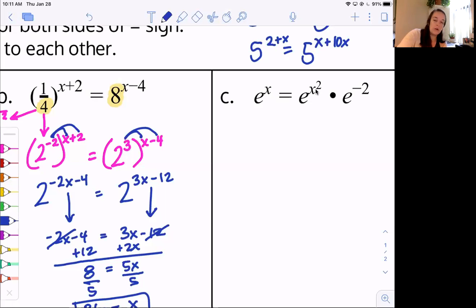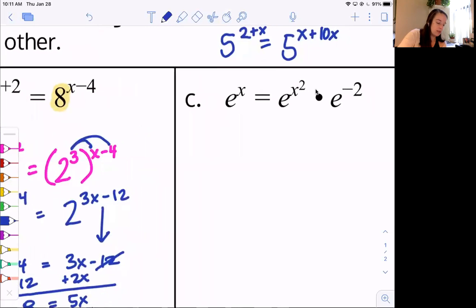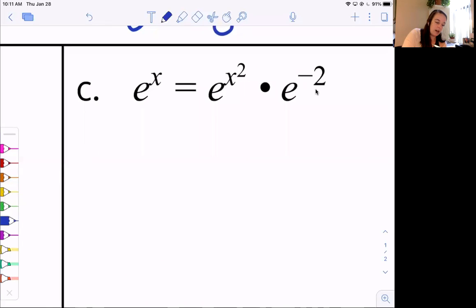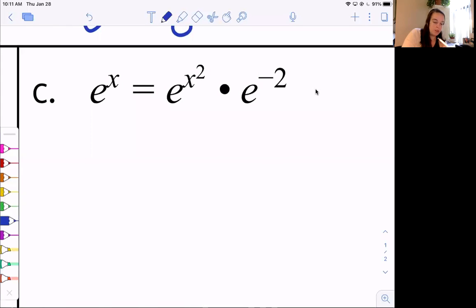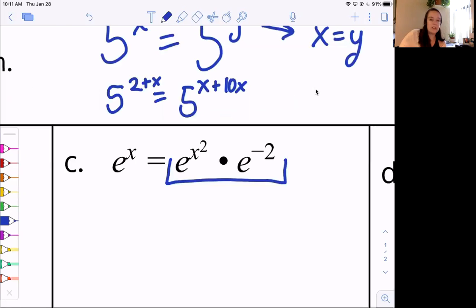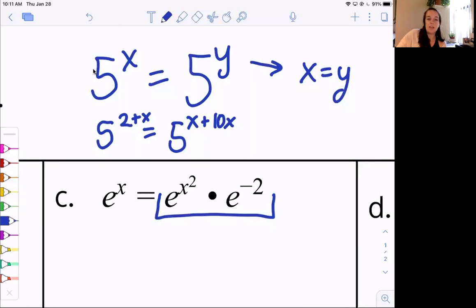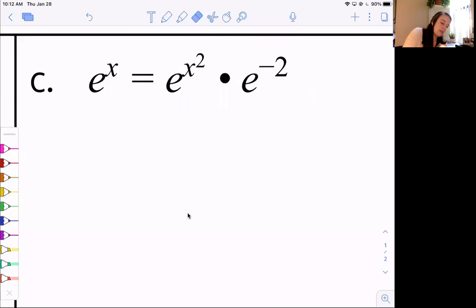Okay, cool. So Diana actually gave me a clue in the chat, which is that she wants us to multiply. And we are going to combine these 2 together because in our original idea of this, we need to just have 1 base on one side and 1 base on the other. So we need to combine these together in order to be able to continue this problem.